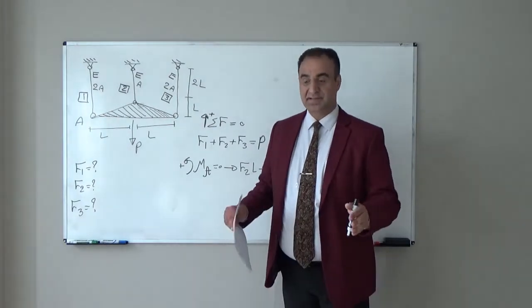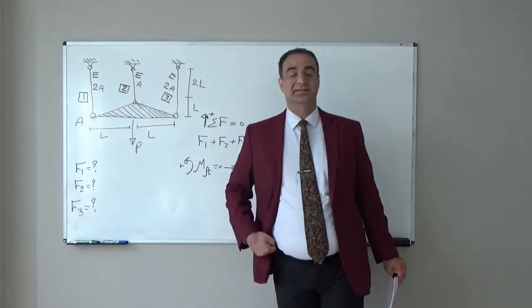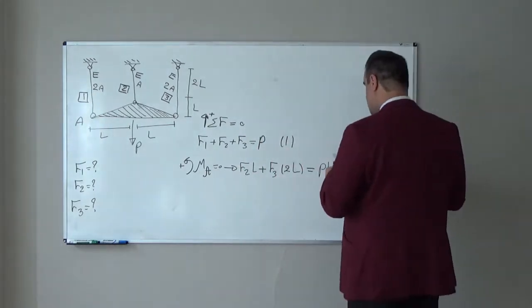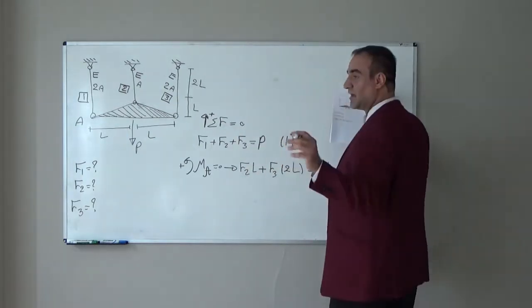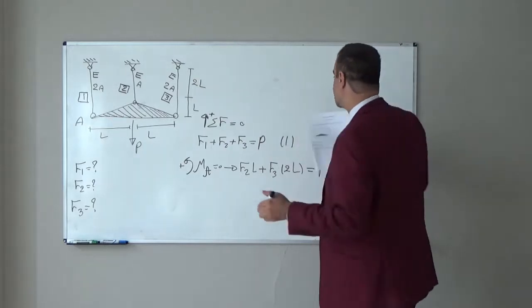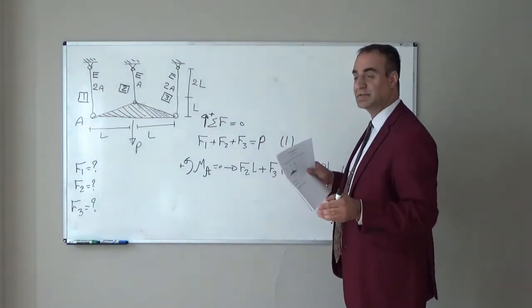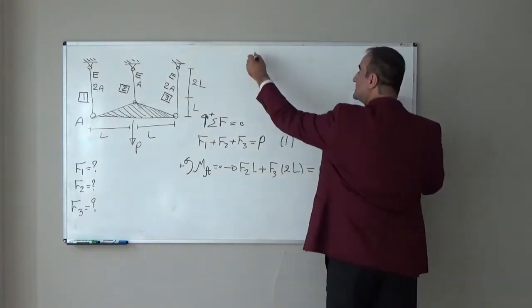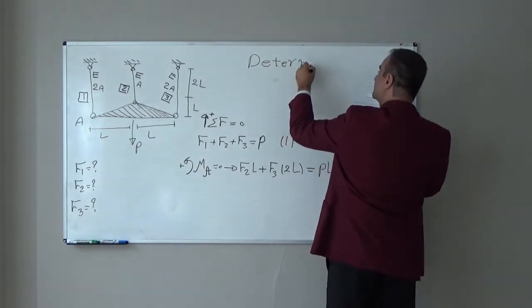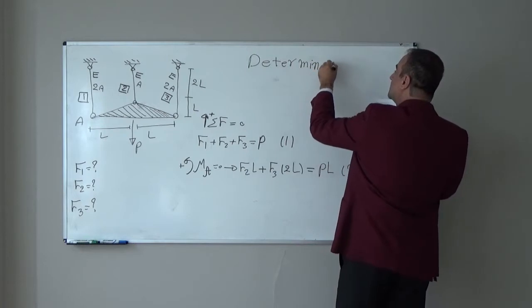This kind of system, where the number of unknowns is greater than the number of equations, we will call an indeterminate structure. If the number of unknowns is equal to the number of equations, in that case we can find those unknowns. That structure we call determinate.